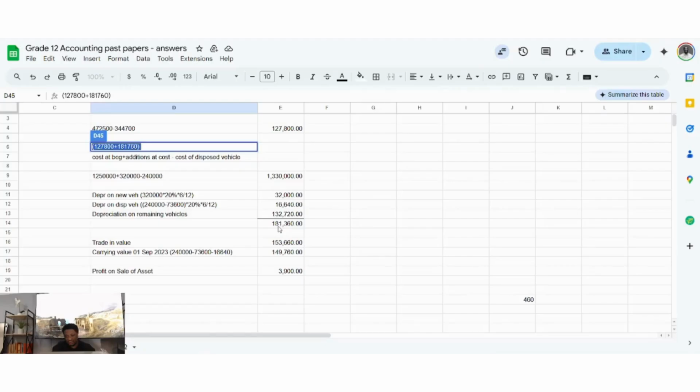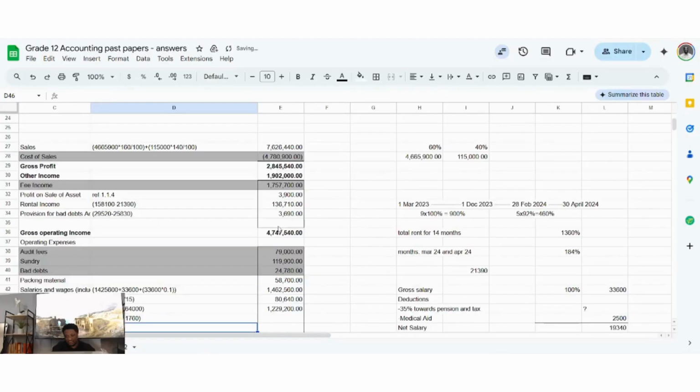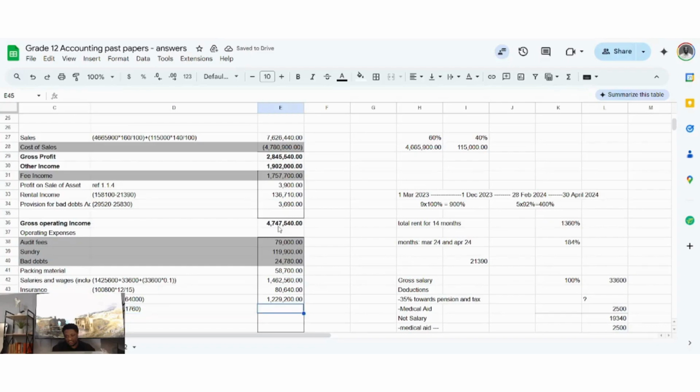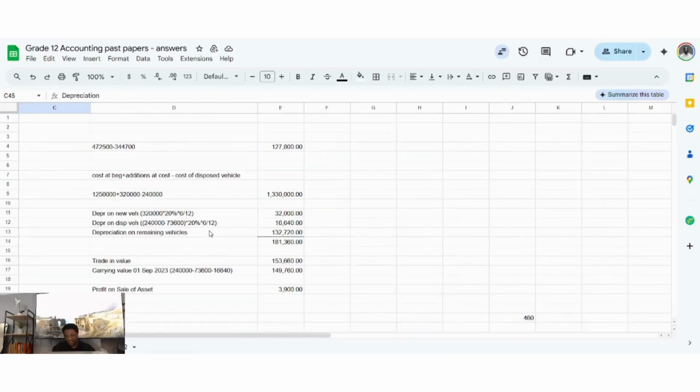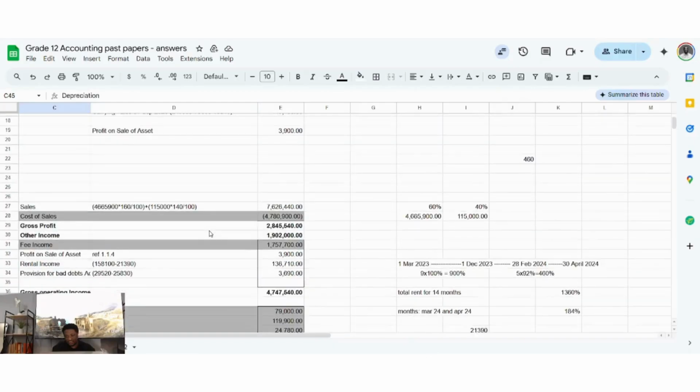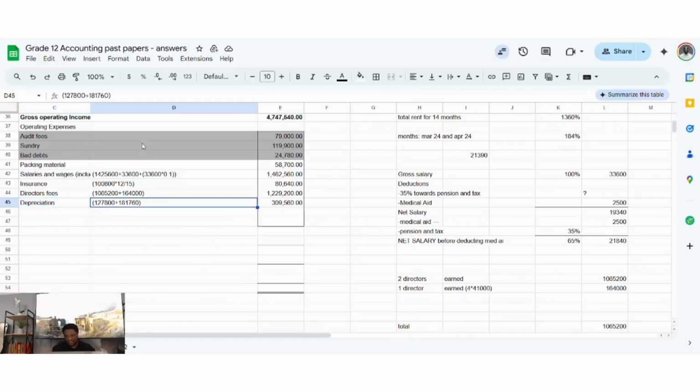In this case, you can even just reference the depreciation amount to question 1.1 and 1.3. So that's what you get for depreciation, 309,560. I think I said 760 here instead of 360, sorry. Oh, and then you have to do it here.